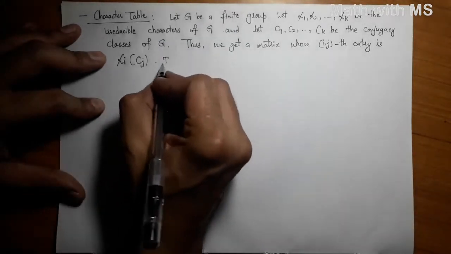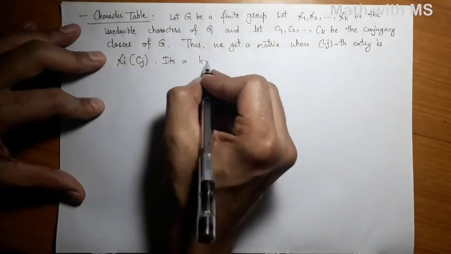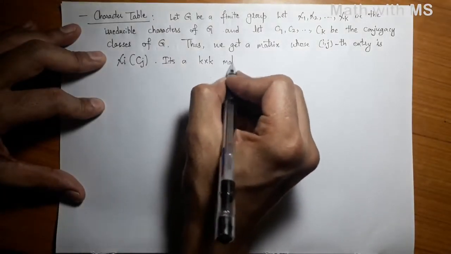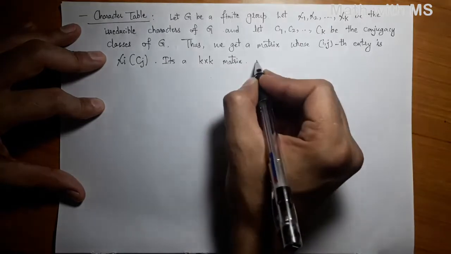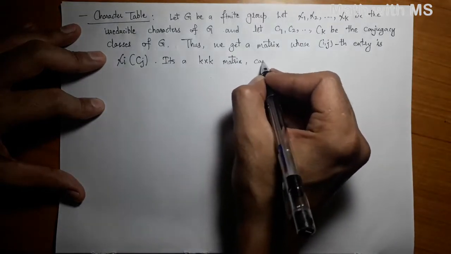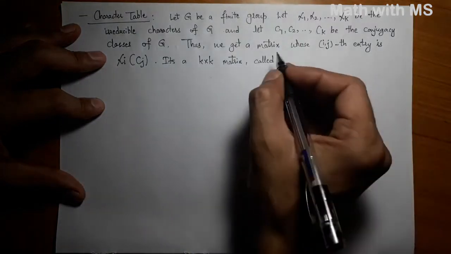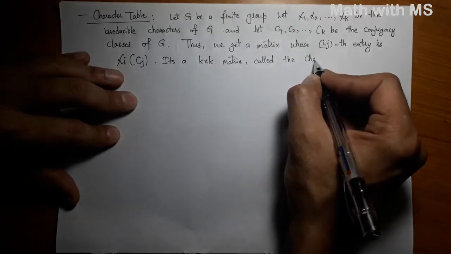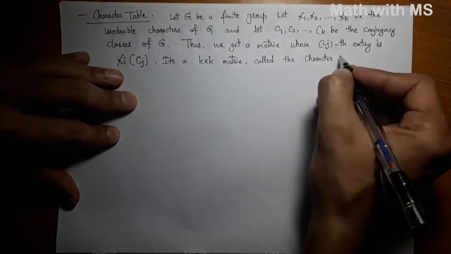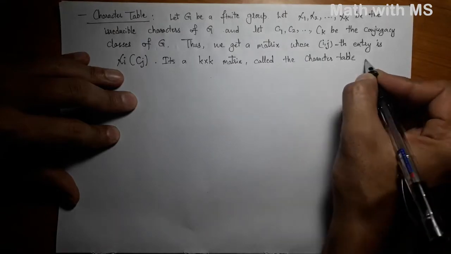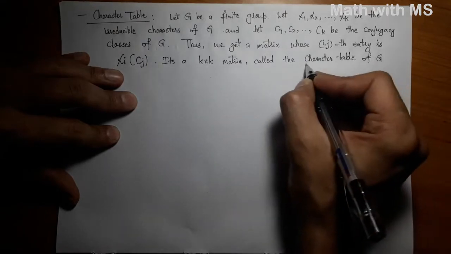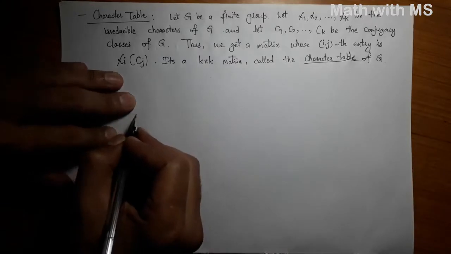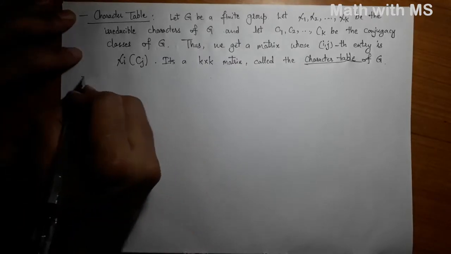Note that it's a k by k square matrix, and is called the character table or the character matrix of the group G. Very simple definition. Let's see an example.